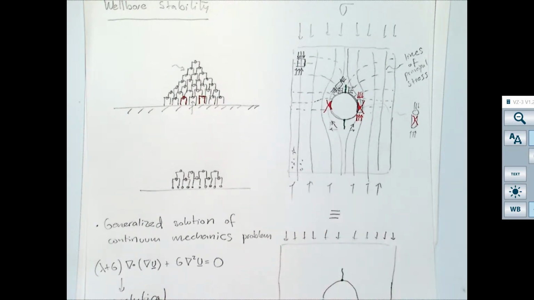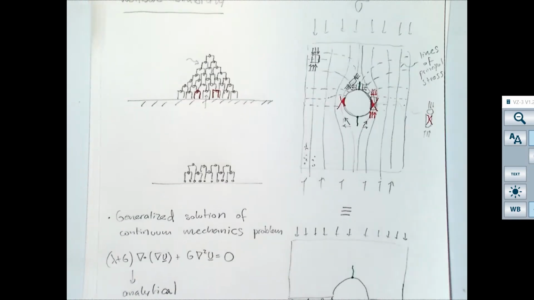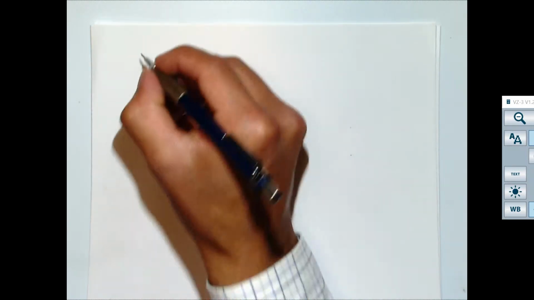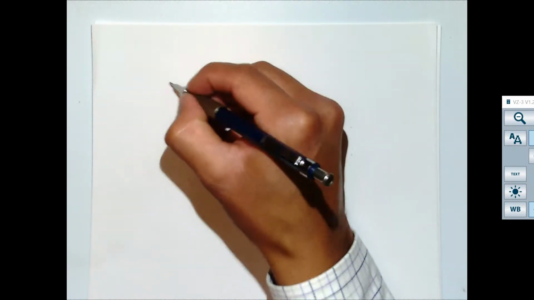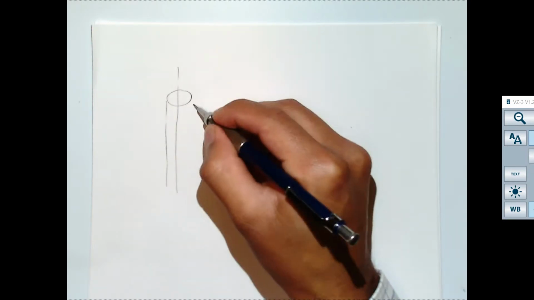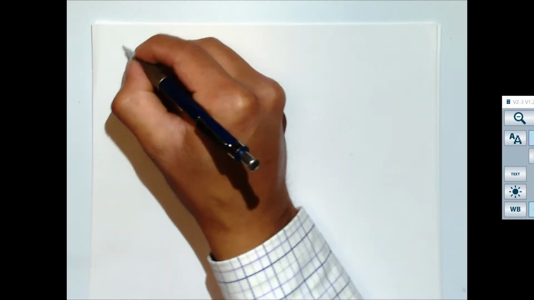So instead of using Cartesian rectangular coordinates, what kind of coordinates do you think we are going to use? Well, polar, you would use polar if you had a sphere. But if we work with a cylinder, we're going to use cylindrical coordinates, right?